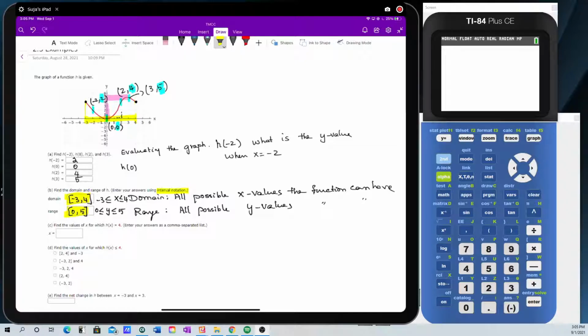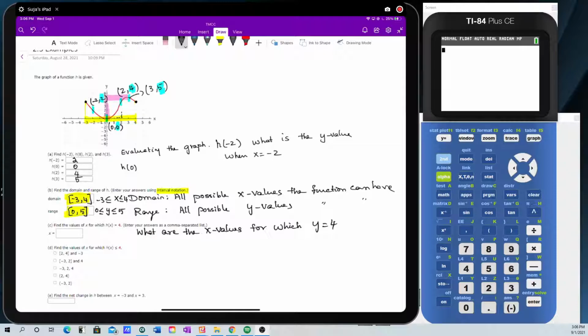Okay, next one. C. Find the values of x for which h of x equals 4. So this means that what are the x values for which y is equal to 4. That's what the meaning is.